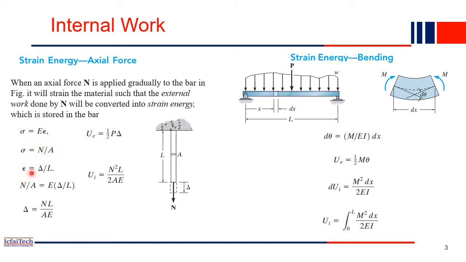And what is epsilon? Epsilon means strain. Strain is the change in length divided by the original length. The original length was L, and because of the application of load, elongation happened, that is delta. So the strain is delta by L. Now replace both values, sigma and epsilon, in the main expression.